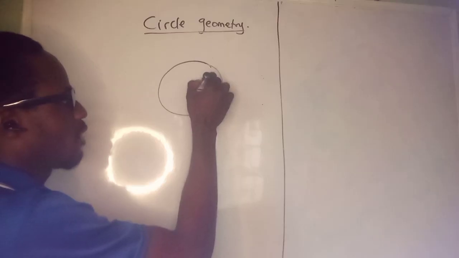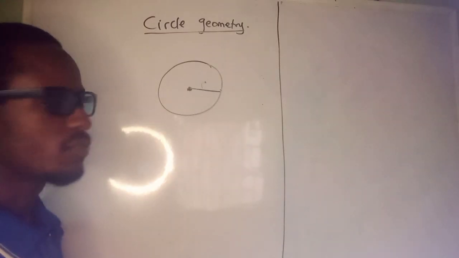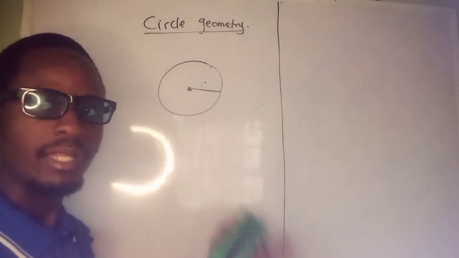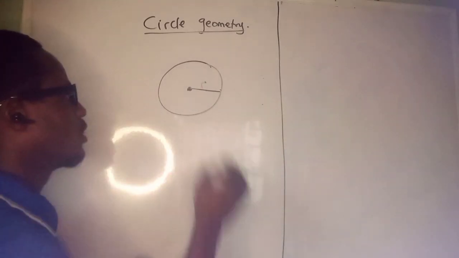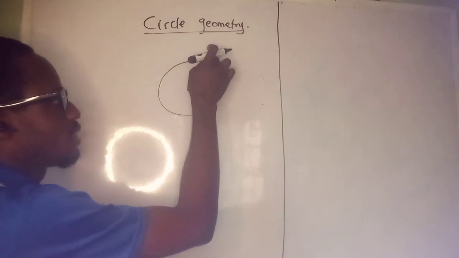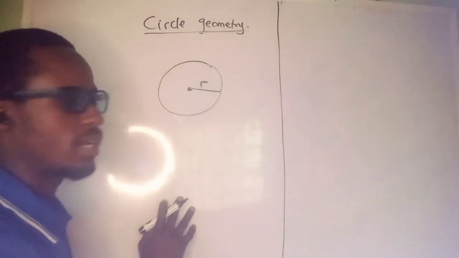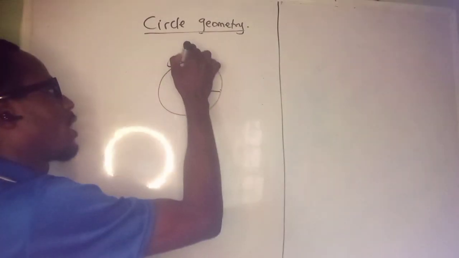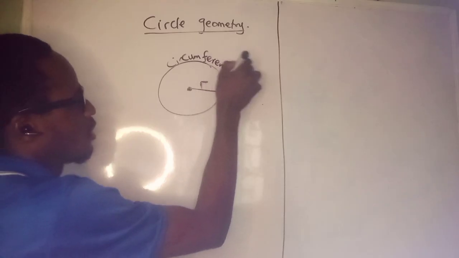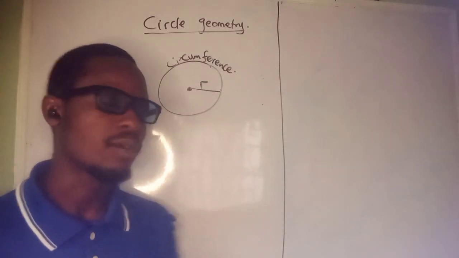Here we have R, which is the radius of the circle, and the whole bounding length is called the circumference. You can also call it the perimeter of the circle, since it is the distance around the circle. So let's just write it: circumference. These are some of the things you need to know as far as the circle is concerned.